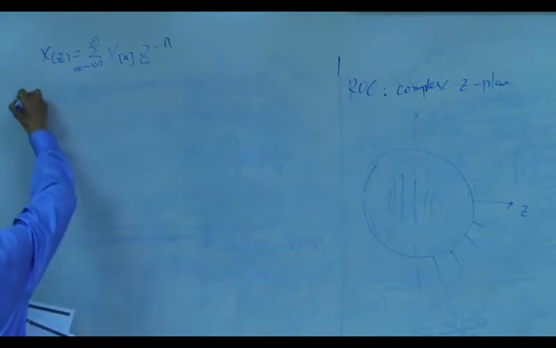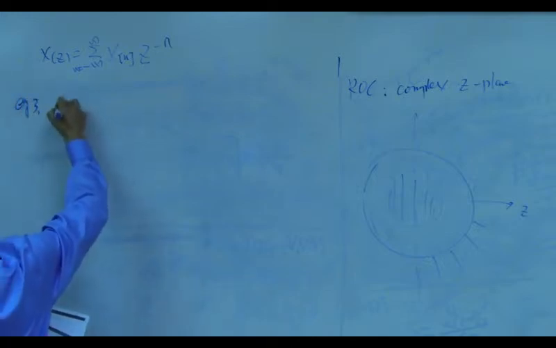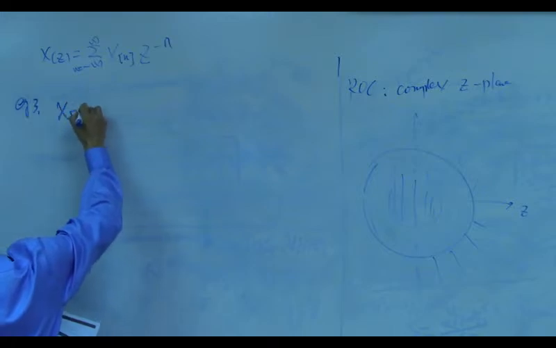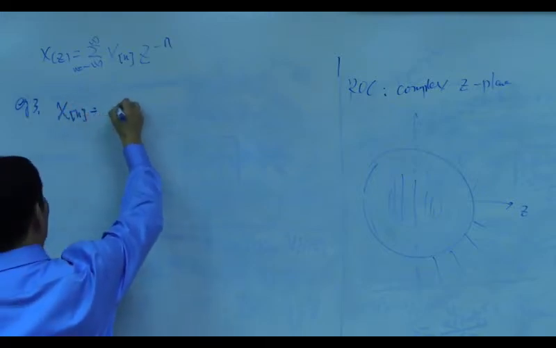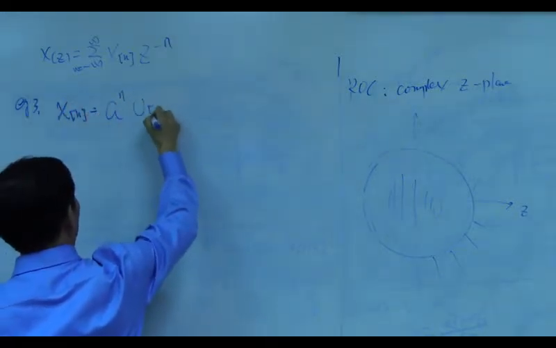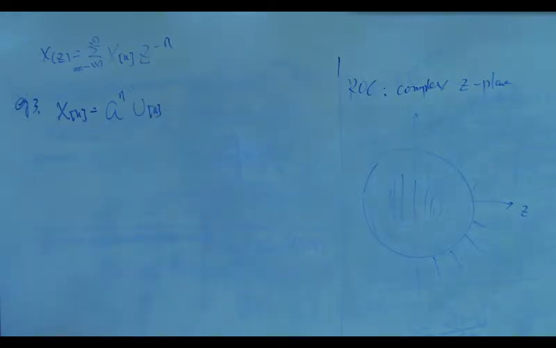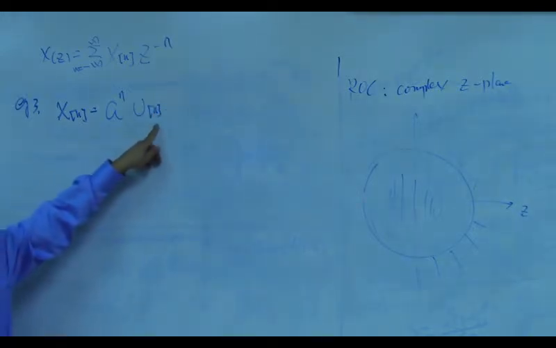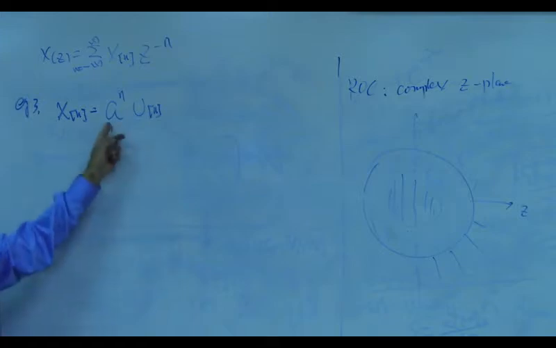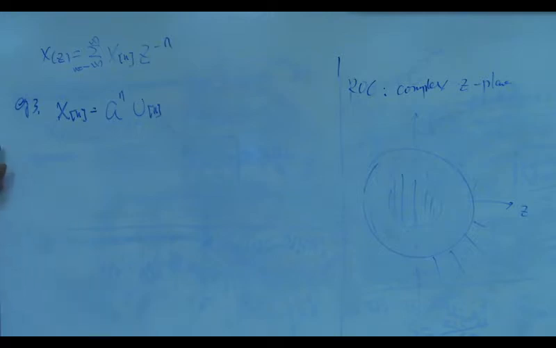First one, example 3, x[n] equals a to the n times u[n]. We discussed u[n] before in the second example, but now there's the exponential a to the n times u[n].